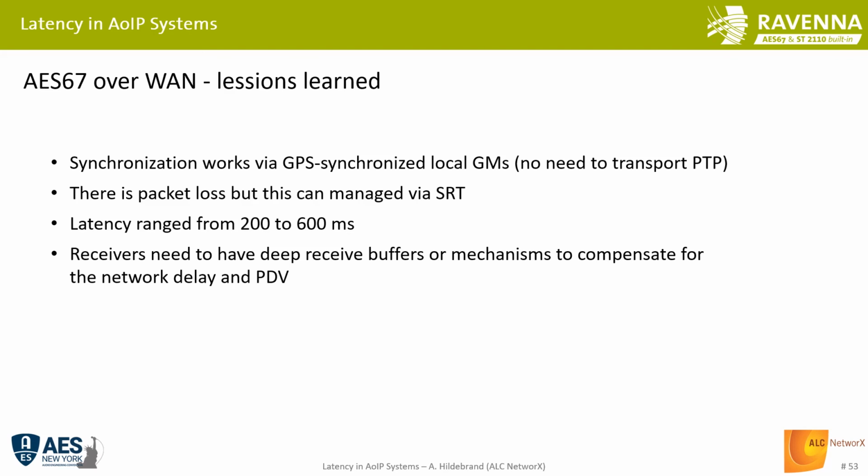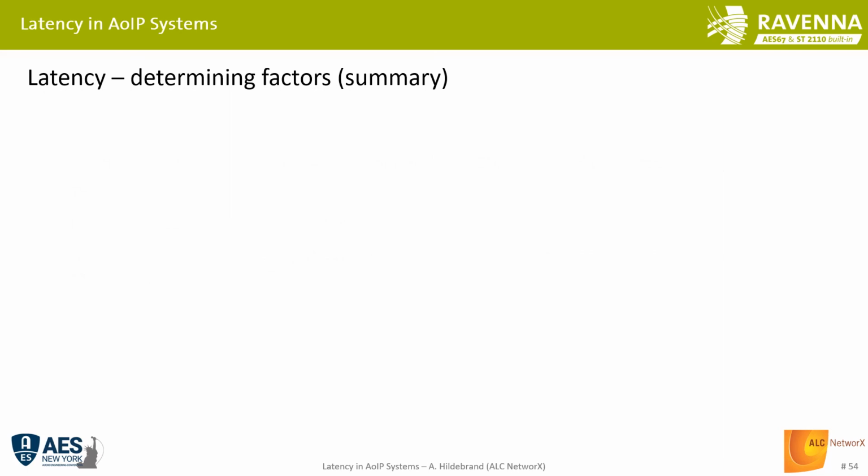So deep receive buffers are actually key for making wide area network transport of AES67 possible. But it worked out.